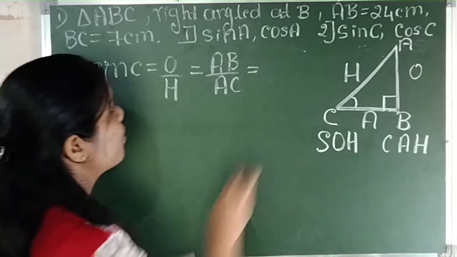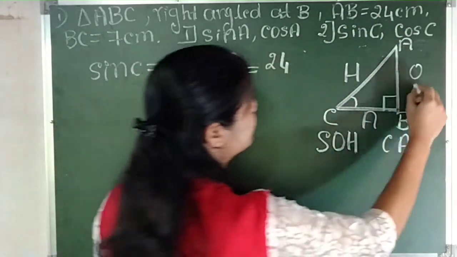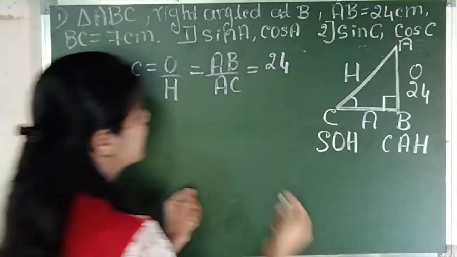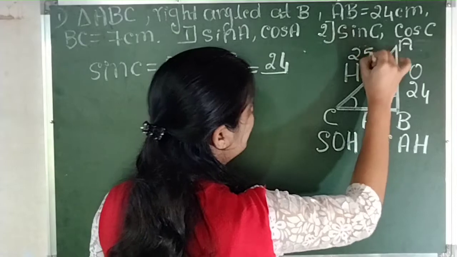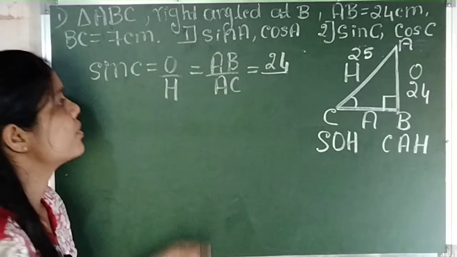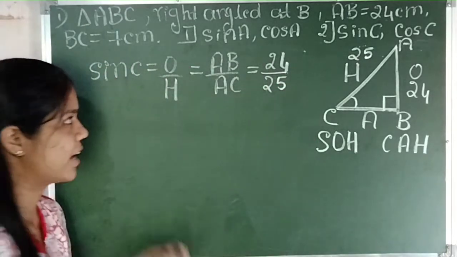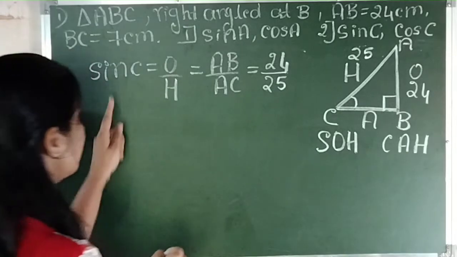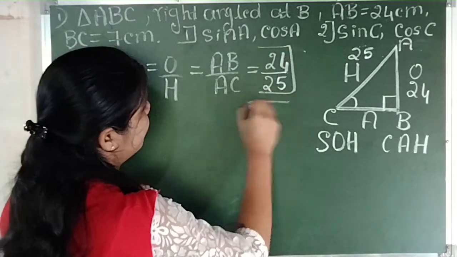Now we know the length of AB, that is 24 centimeter, and the length of AC, we have found that value in the previous question. So we know that AC is equal to 25. So the value of sin C is equal to 24 by 25.